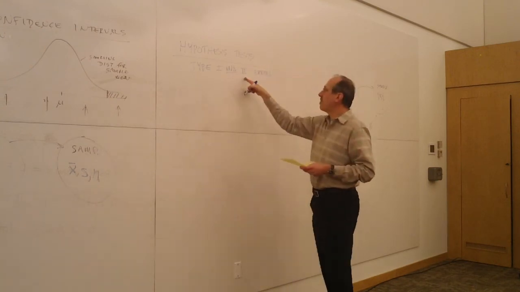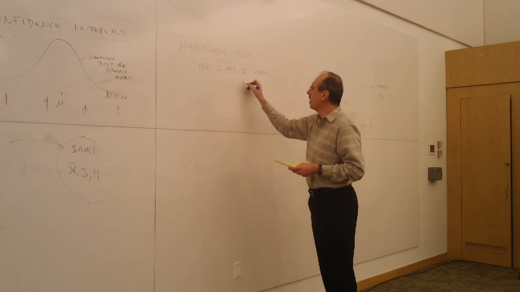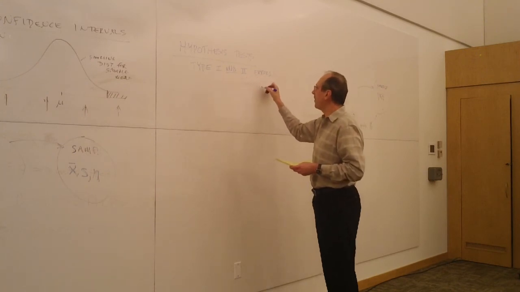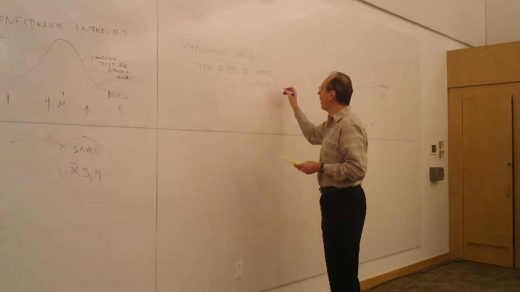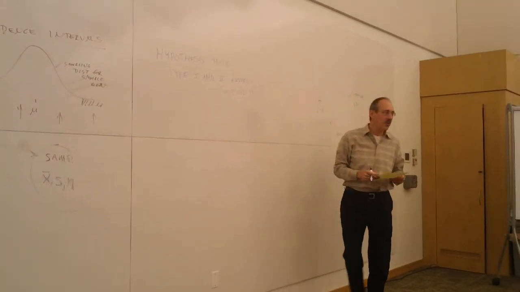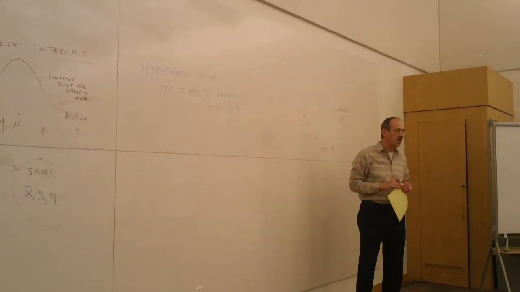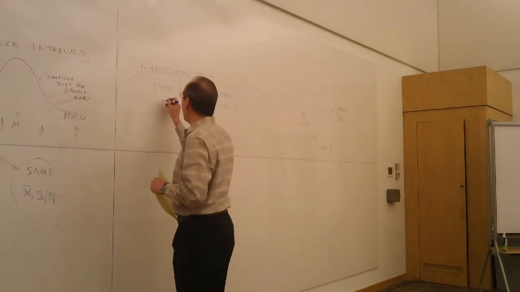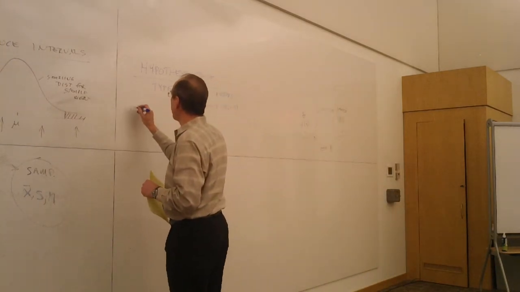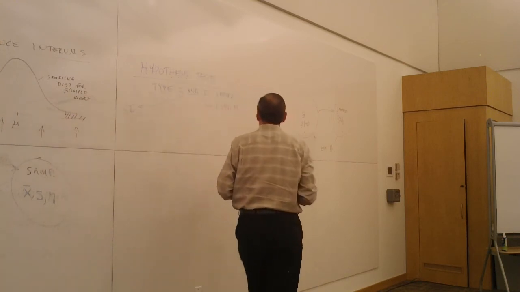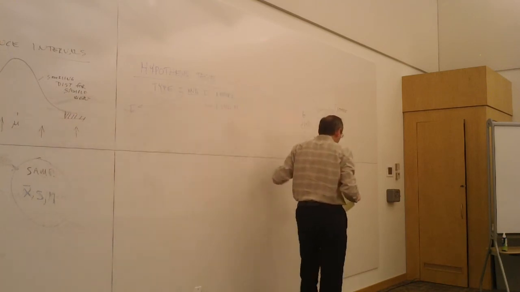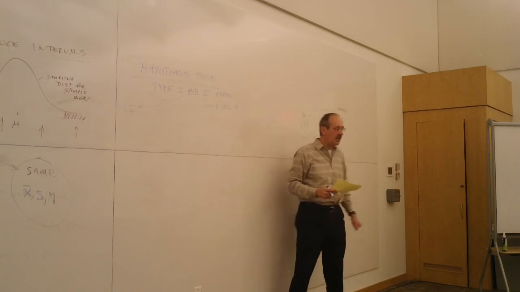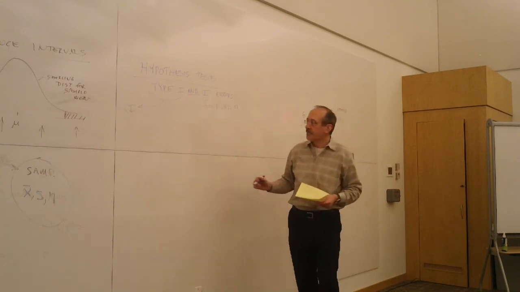And type 2 errors in particular help us to find sample sizes that allow us to avoid making mistakes. The type 1 stuff is really all about confidence intervals. It's really the same thing as a confidence interval. Type 2 is where we figure out if we're going to make another kind of error.